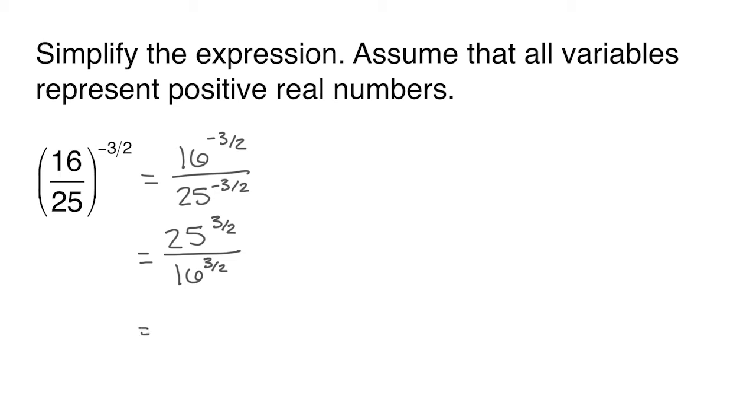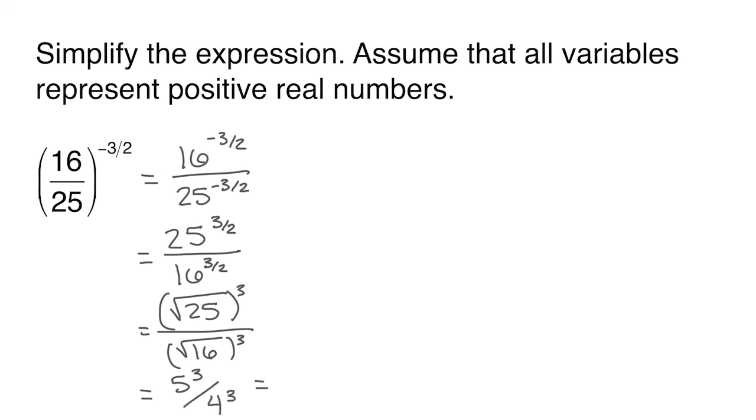In the numerator, we have the square root of 25 cubed, and in the denominator, we have the square root of 16 cubed. Evaluating the square roots, we have 5 cubed divided by 4 cubed, which is equal to 125 divided by 64.